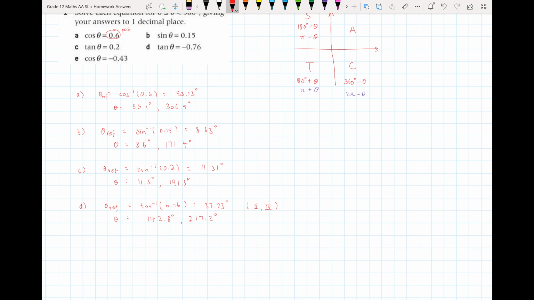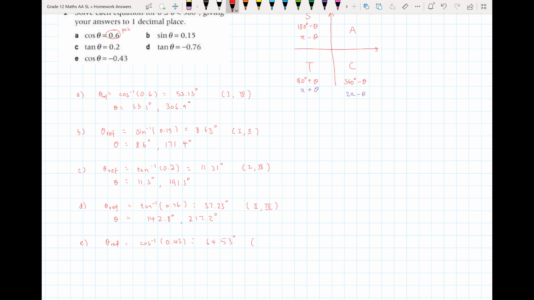So maybe I can go ahead and write down what those quadrants are supposed to be in. There's 1 and 4, 1 and 2, 1 and 3, so that you know what I'm actually doing to get those corresponding angles. And lastly, for E, we first of all have this as a reference angle, 64.53.